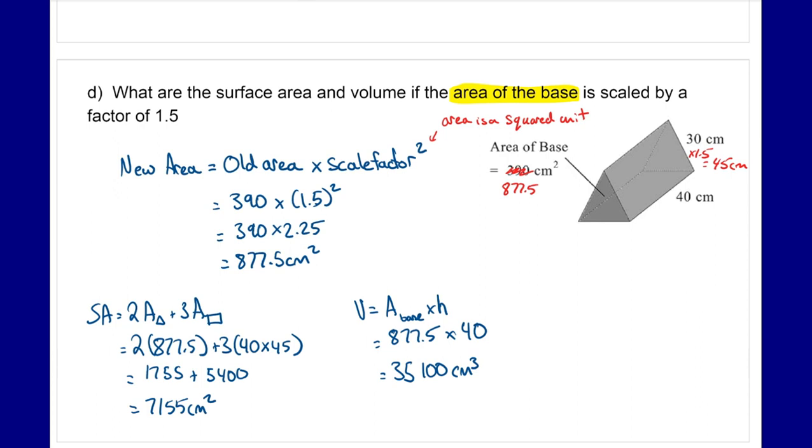To think of why, the area of a triangle is base times height divided by 2. If we scale it by a factor of 1.5, the base is multiplied by 1.5 and the height is multiplied by 1.5. So we're multiplying by 1.5 twice, or 1.5 times 1.5, or squared. That's the reason.